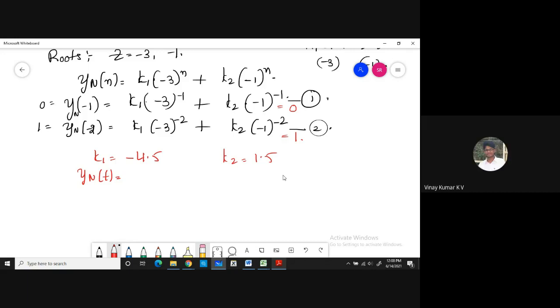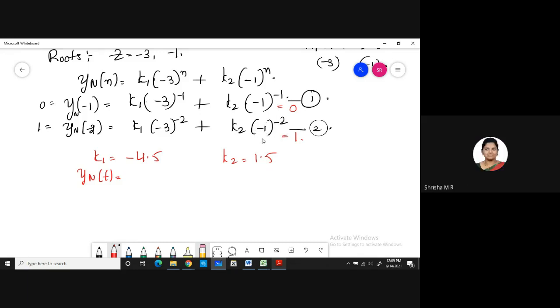Ma'am, in equation 2, K2 will be negative or positive, ma'am? You have minus 1 by 2 square, correct? It is 1 by minus 1. Minus whole 4.5 and 1.5.